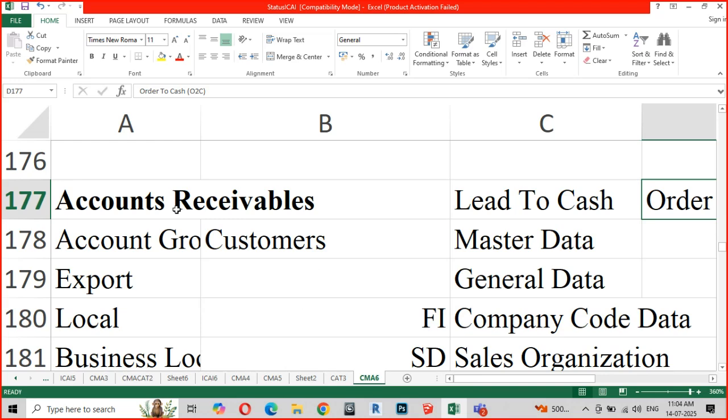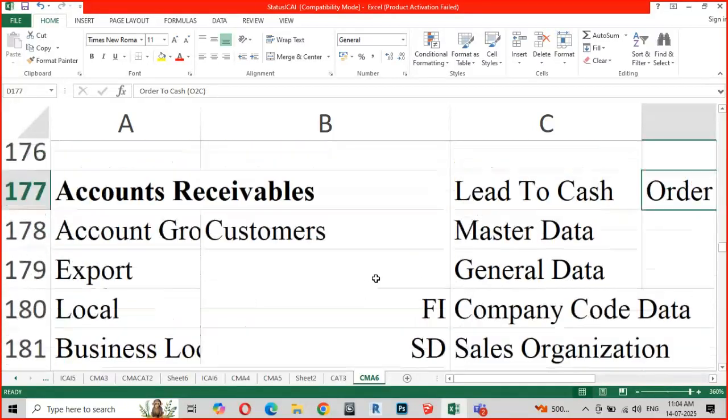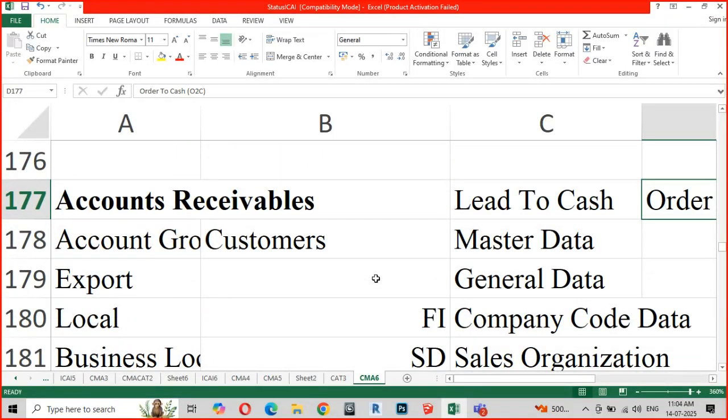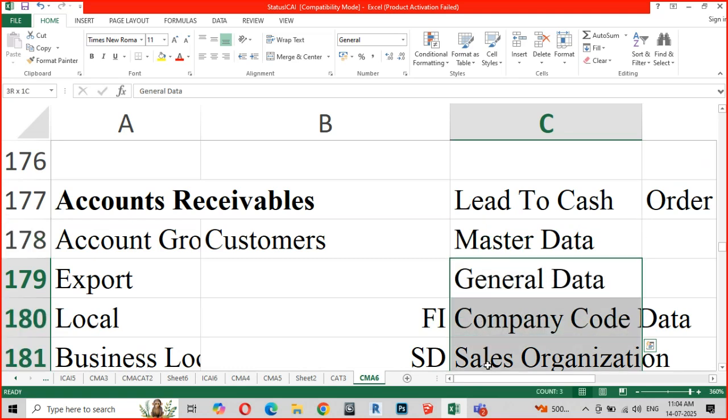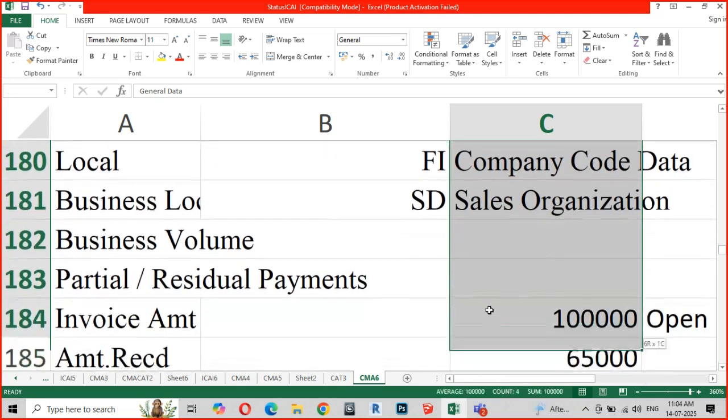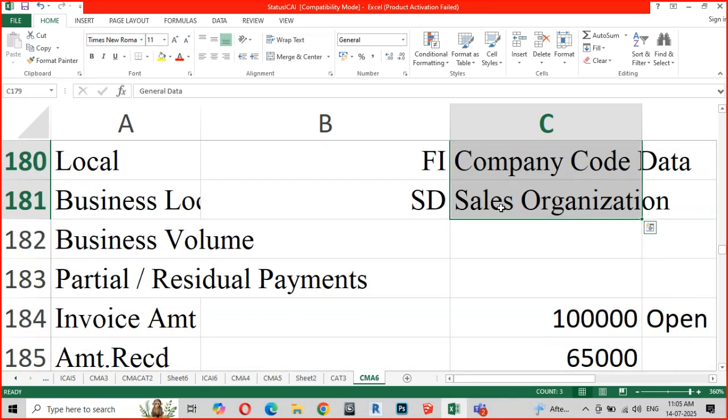And just like you had the master data broken up into a couple of views, the customer master data is also broken up into the general view, the finance view, and the sales organization view.